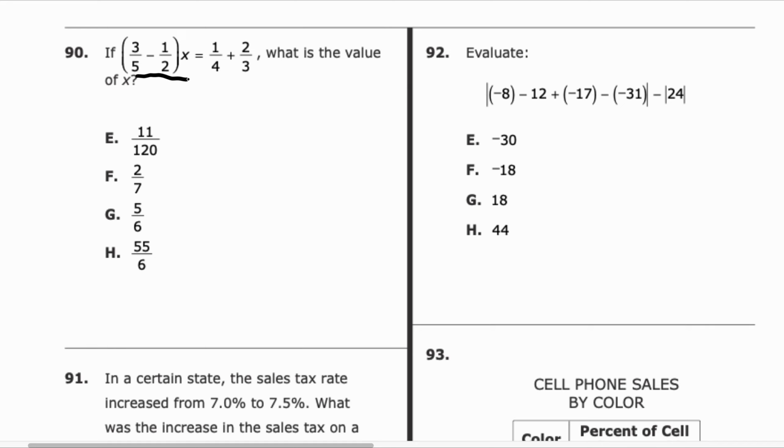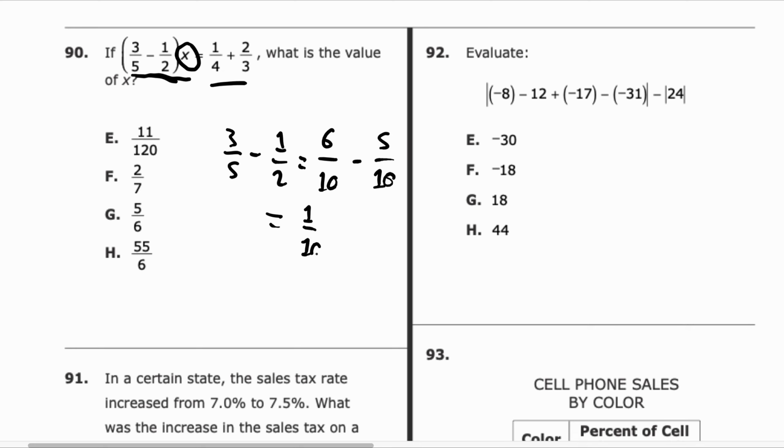Okay. So we're given this algebraic equation, and we're being asked to solve for x. I'm going to first simplify this subtraction. We have 3 over 5 minus 1/2. That would be 6 over 10 minus 5 over 10, which is 1 over 10.